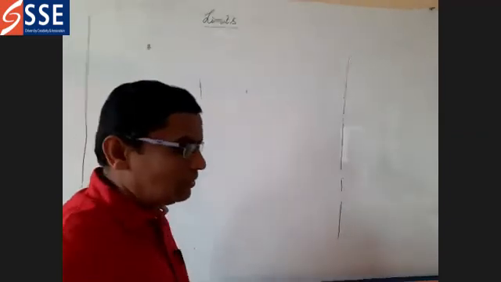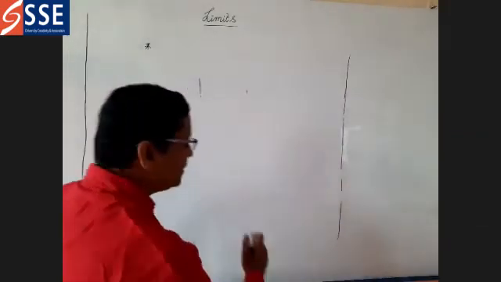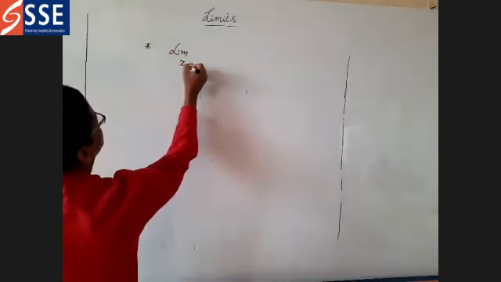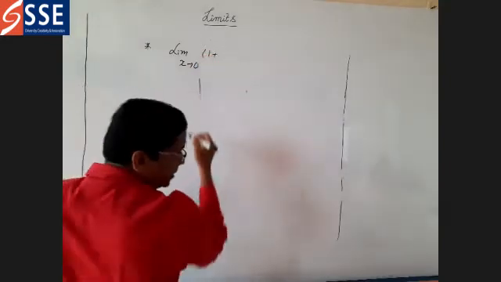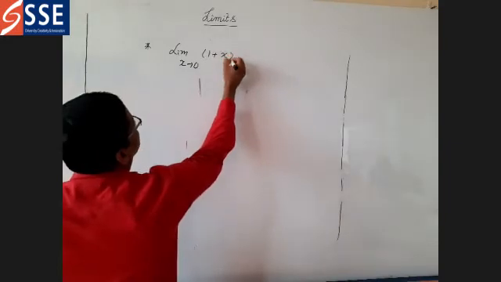We will move on to another part. Limits: yesterday we stopped somewhere, and now we can go for another part. Limit x tends to 0 of (1 plus x) whole power 1 by x.